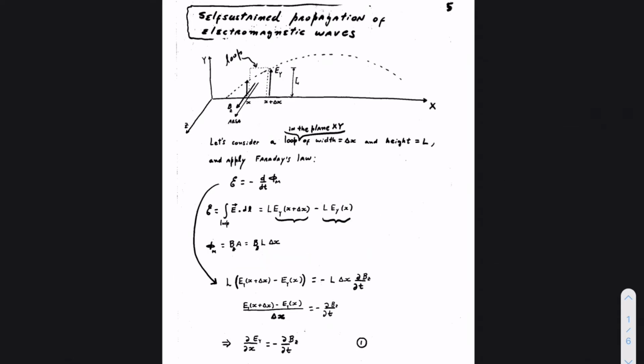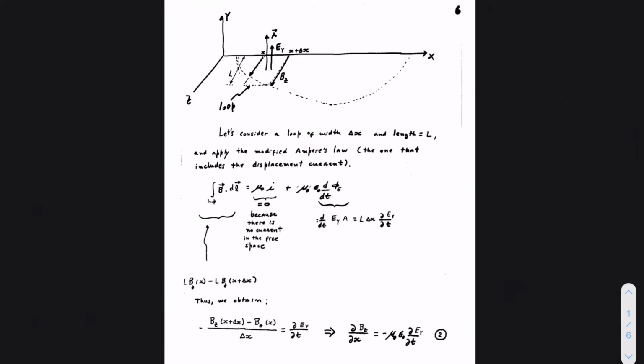From that we can see that the rate of change of the y component of the electric field with x is minus the rate of change of Bz with time. And taking the proper limit, we can write this as the partial derivative of Ey with respect to x. So let's mark it as equation number 1.